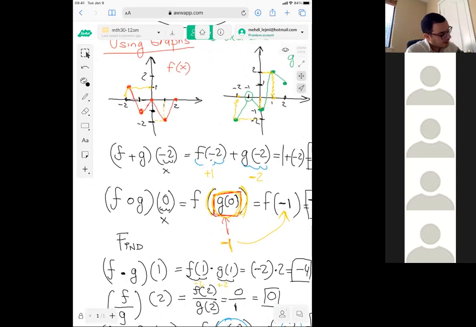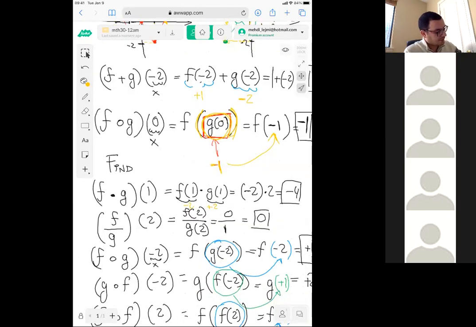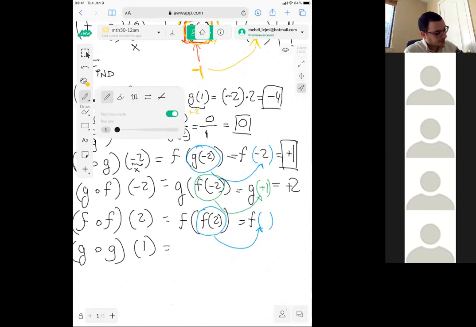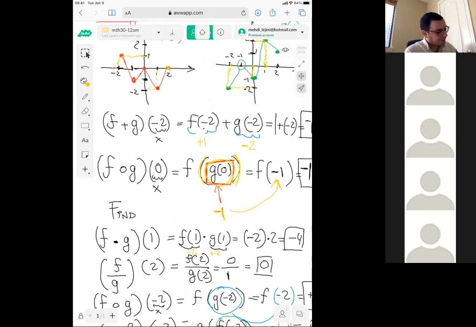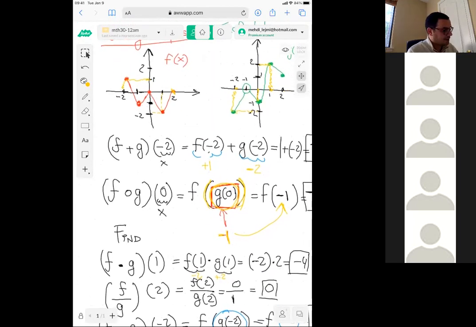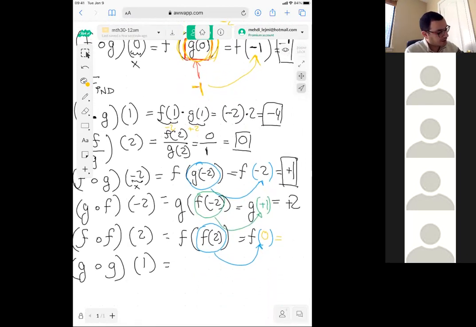You see here's 2. So then f of 2 is 0. And then now I have to find f of 0. f of 0 is again 0.